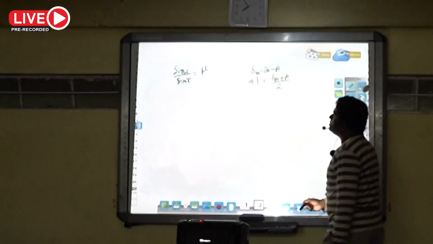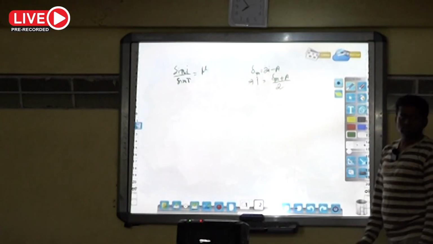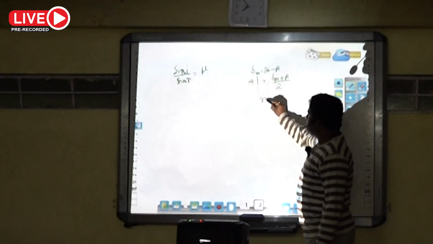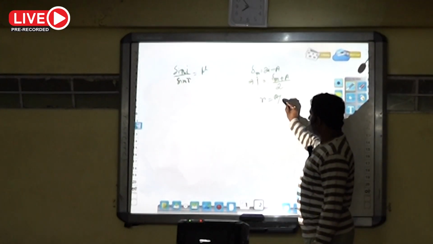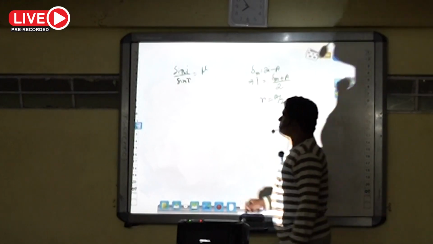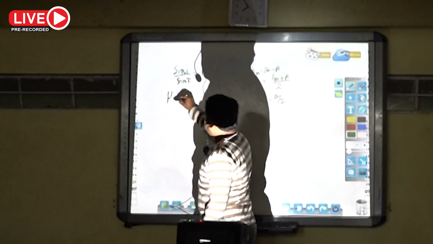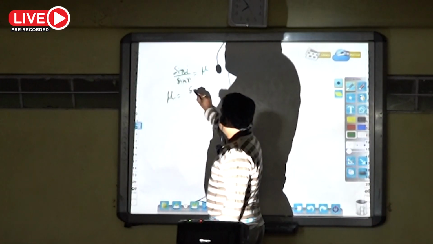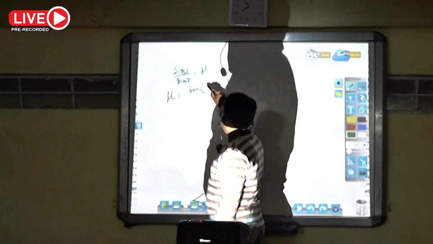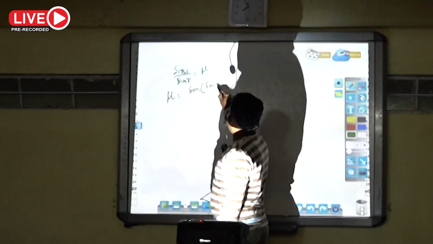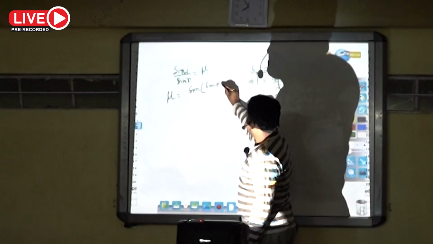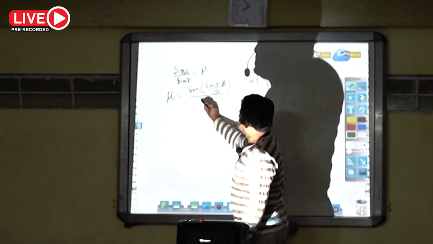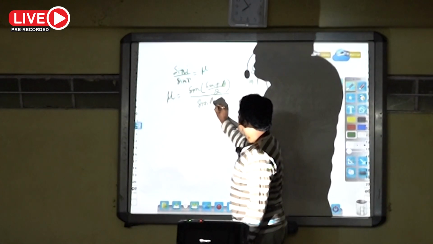So we can write I equal to delta M plus A by 2, and we earlier wrote that R equal to A by 2. So we can find a simple formula for mu, the refractive index of the prism, that it is equal to sine of delta M plus A by 2 divided by sine A by 2.